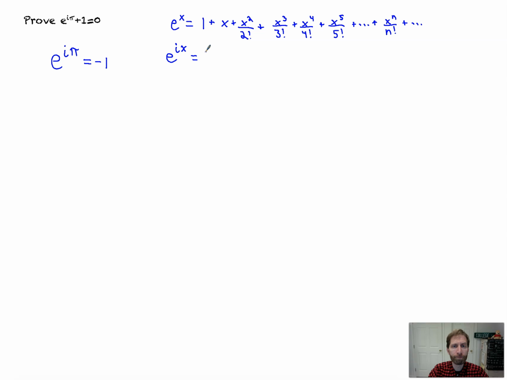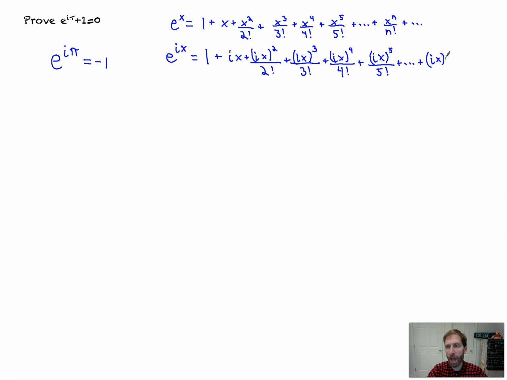So that would be 1 plus ix plus ix squared all over 2 factorial plus ix cubed all over 3 factorial, just plug everything in, plus ix to the 4th all over 4 factorial plus ix to the 5th all over 5 factorial plus dot dot dot ix to the nth all over n factorial plus dot dot dot.